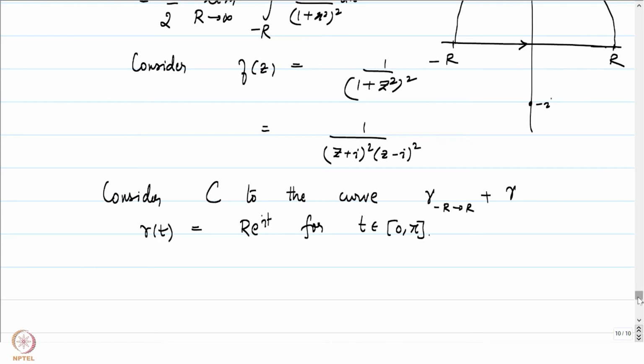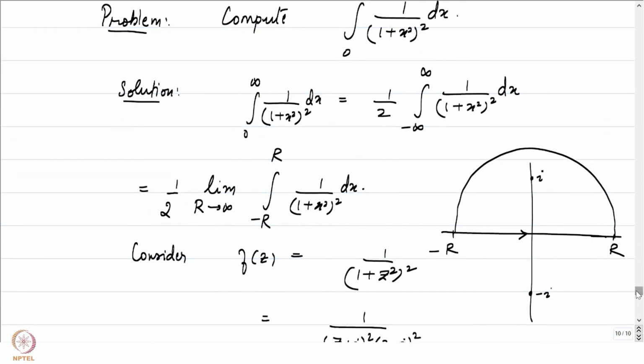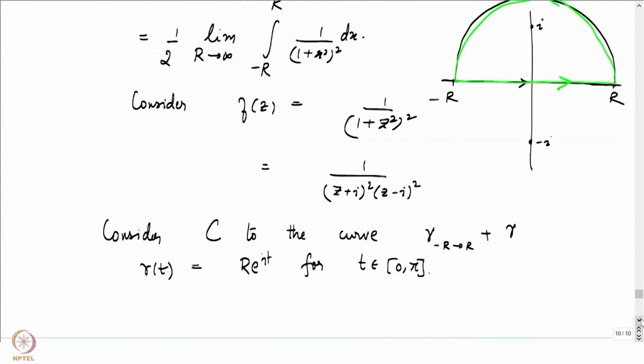Notice that the curve is just whatever is being drawn in the green, going this way, and then we are coming along this direction. That is precisely what our curve C is trying to do.